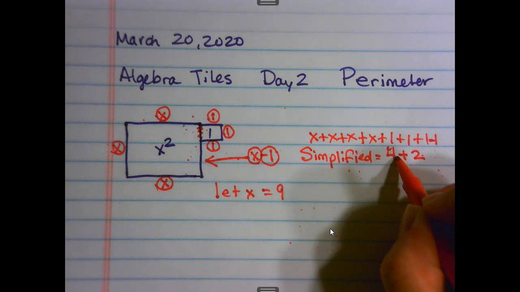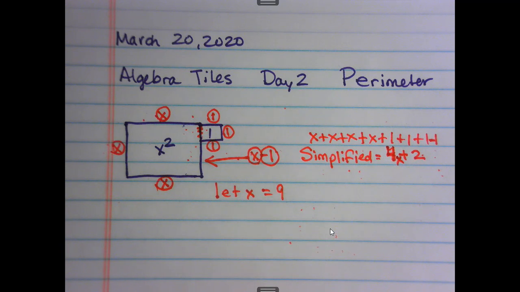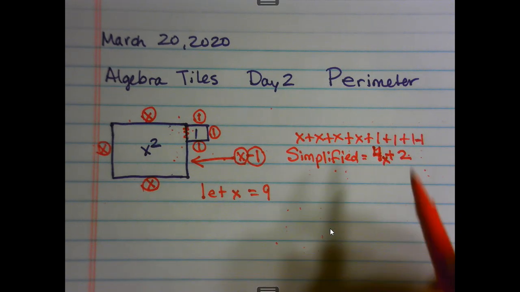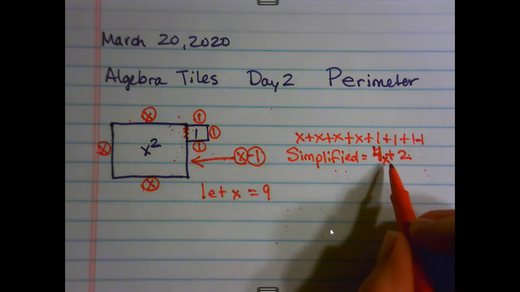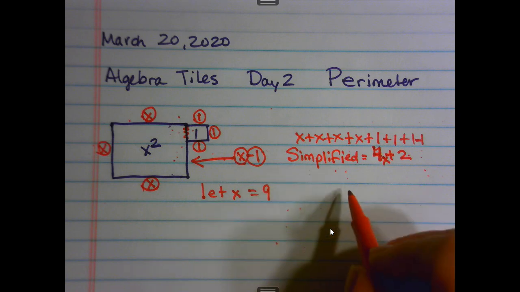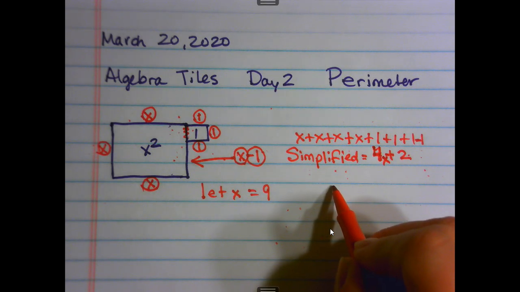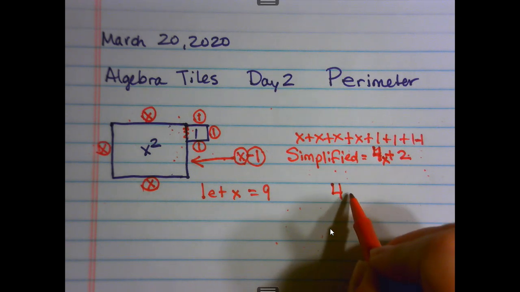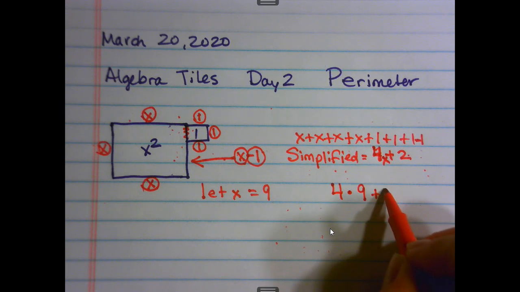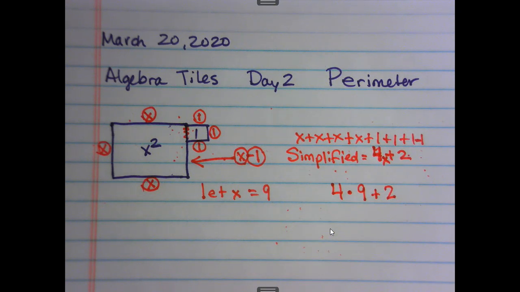I need to put my X up here, so let me fix that. 4X plus 2. So I'm going to rewrite this. Now, instead of writing the X, I'm going to write the number 9. So my simplified expression is going to be written 4 times 9 plus 2.